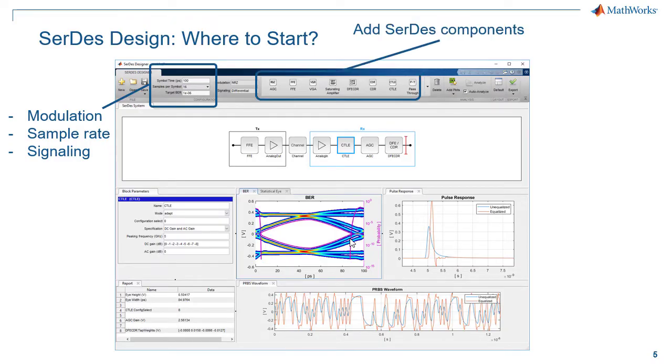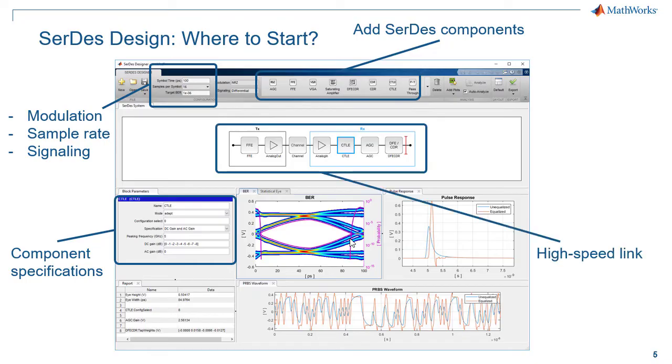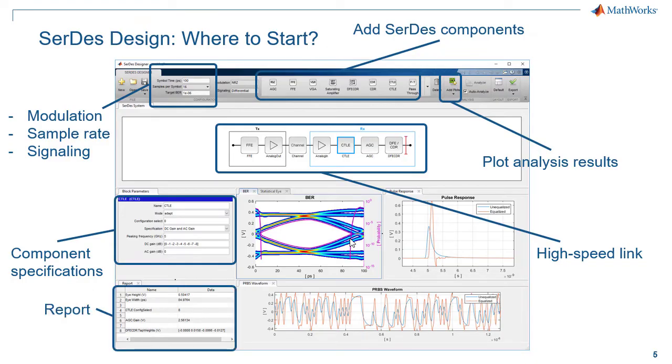You can then add to your system the building blocks of the SerDes chain. For each block, you can change the properties, for example, the poles and zeros or the number of taps. And once you have built your chain, you can analyze it, including crosstalk or jitter. And at the end, you can export it as a script or as an executable Simulink or IBIS-AMI model. Let's see the SerDes Designer app in action.